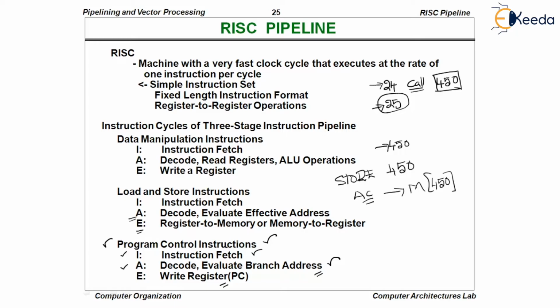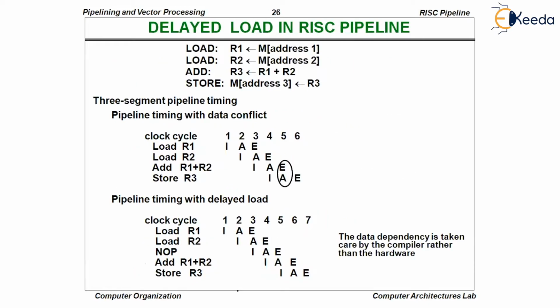If it is a program control instruction, of course, decoding will get performed and branch address will be evaluated. And finally, in the E stage, which is called the execution stage, output will be written into a register in the data manipulation instructions, and a transfer will happen in data transfer instructions. And when it comes to the program control instructions, program counter value will be saved. This is all about a RISC pipeline.